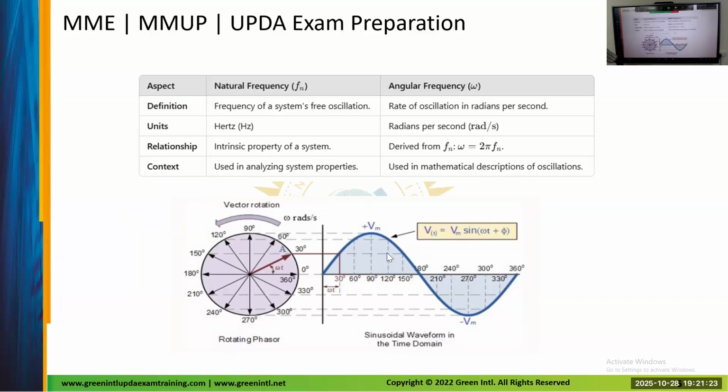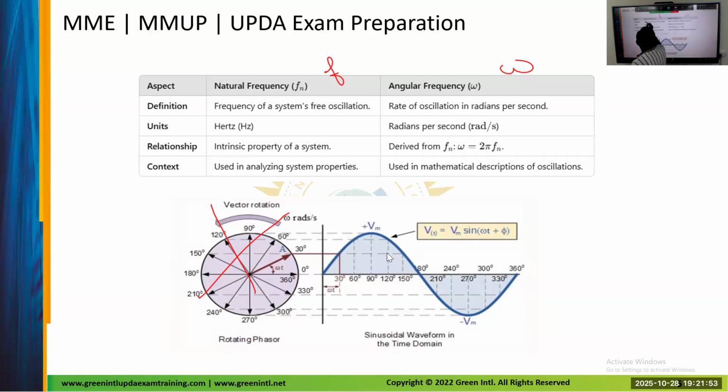So we come to frequency, because we forget about the mechanical quantity and come to the electrical quantity. In the electrical quantity, that is frequency, the frequency is denoted by either f or omega. What is the relationship between f and omega? f we call the natural frequency, omega we call the angular frequency.